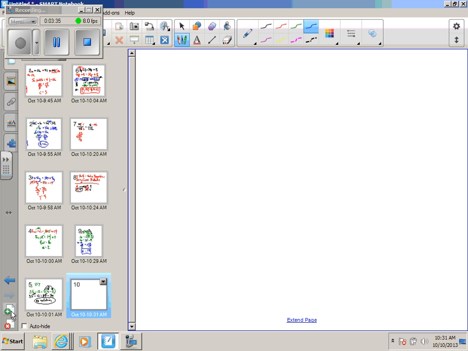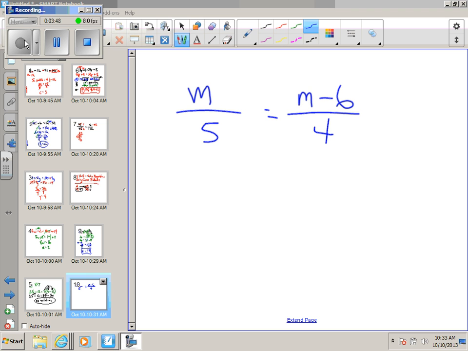Okay? You try one. m over 5 is equal to m minus 6 over 4. Let's help you find your way. So, Kate, you could be my helper. Diagonally, how am I going to multiply 5 times an m minus 6?